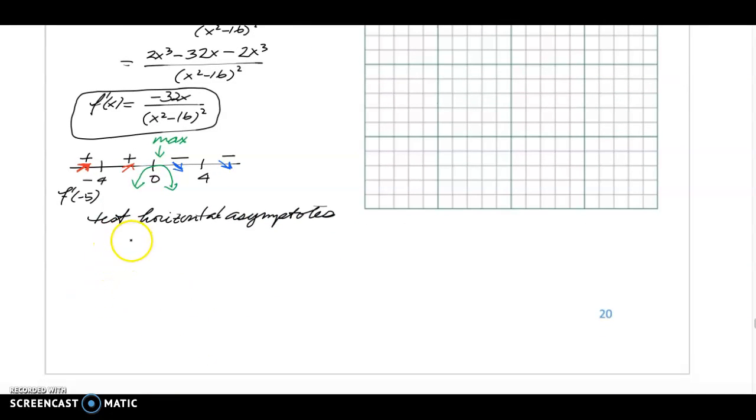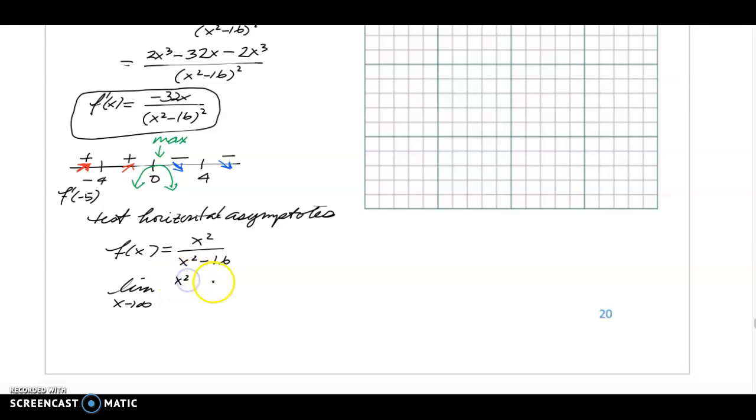So what do we have? It's going to be f of x is equal to x squared all over x squared minus 16. One of the things you want to do with this is take the limit as x goes to infinity. Well, pull out the x squareds from the denominator and numerator, and you can cancel them.